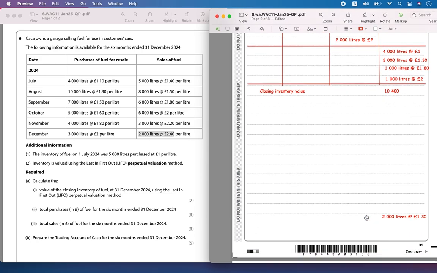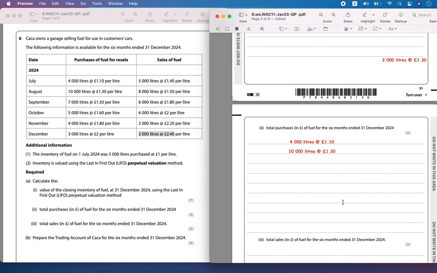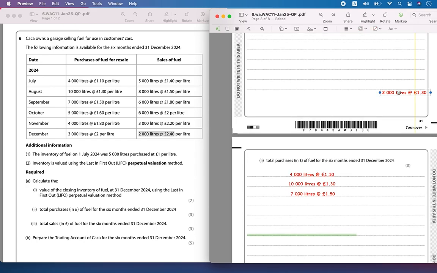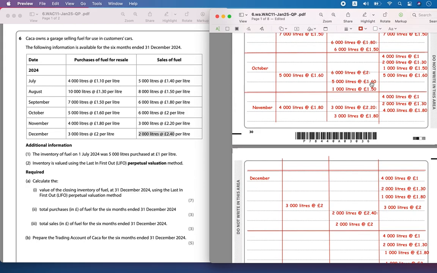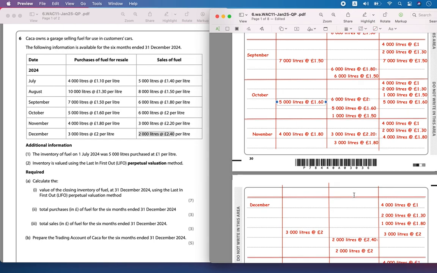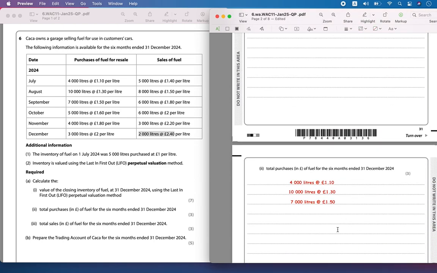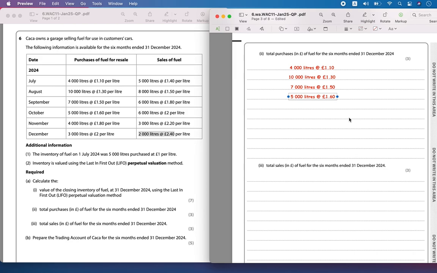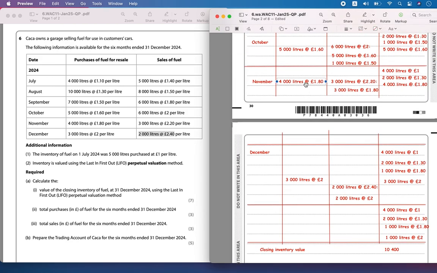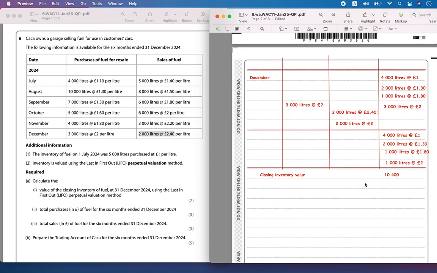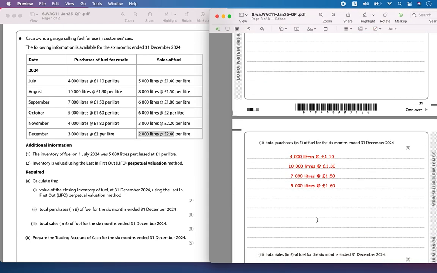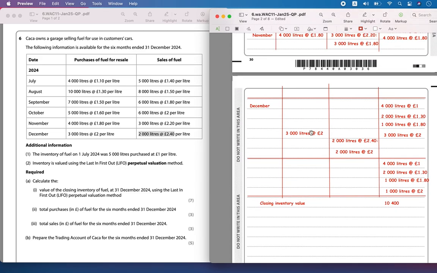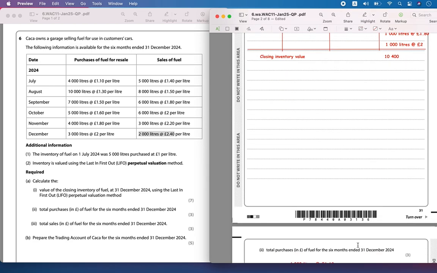Then we have 7,000 at 1.50, and then 5,000 at 1.60, and then 4,000 at 1.80, and then 3,000 at 2.